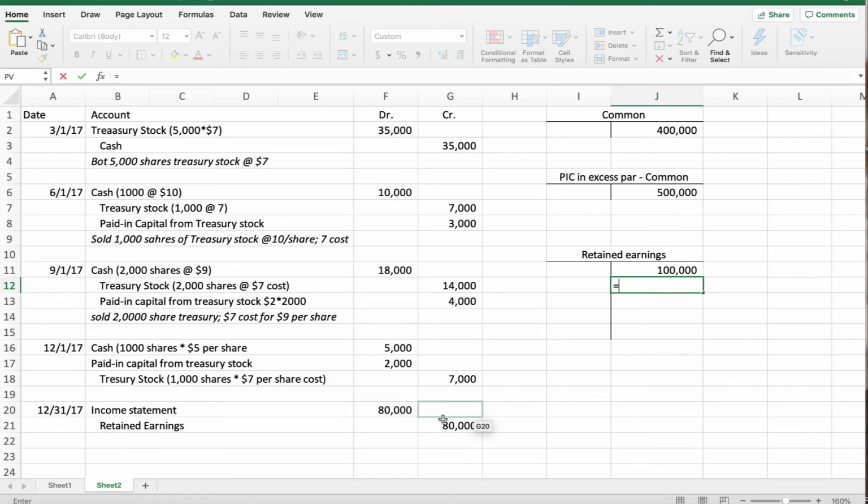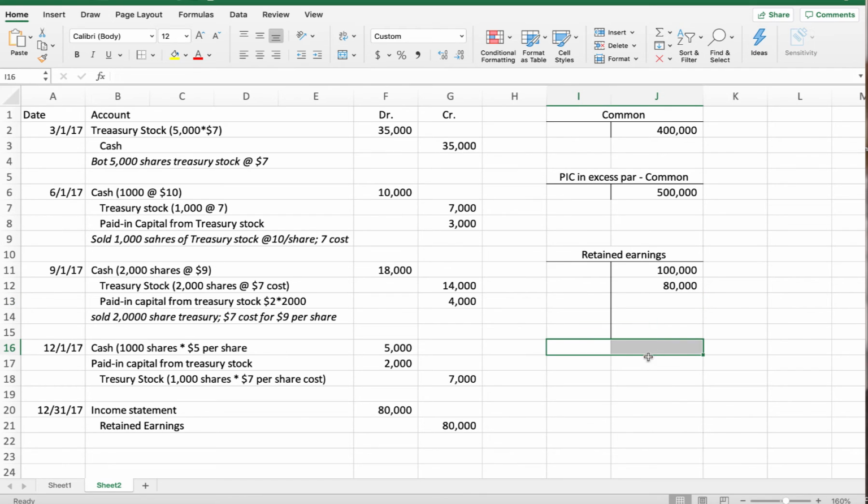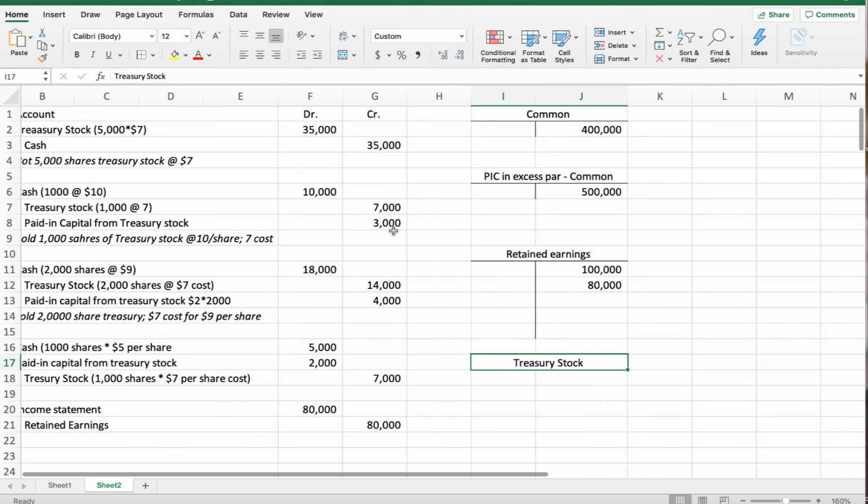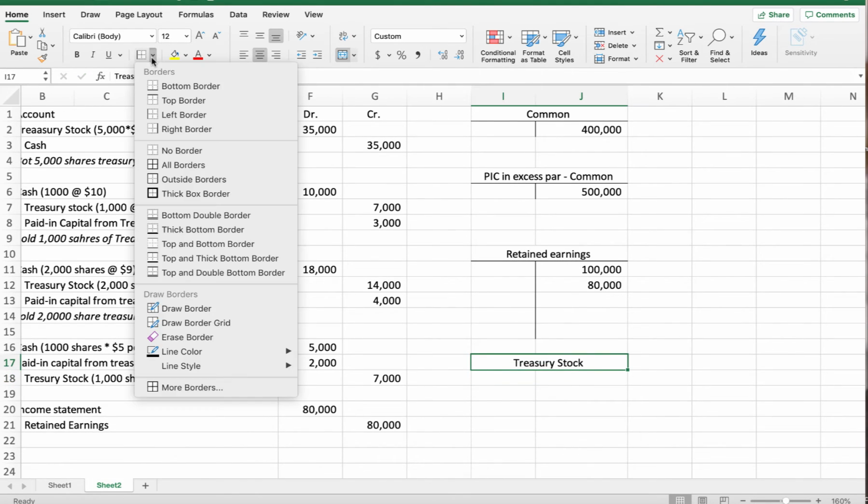I'm going to start off with posting my retained earnings. The next thing I'm going to do is create the T accounts for the treasury stock and the paid in capital from treasury stock.